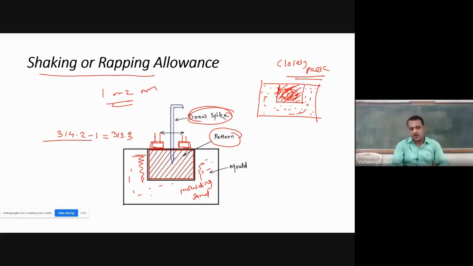It is a random allowance. We cannot give the exact dimensions, just like 1 or 2 mm, 3 mm draft allowances. So this is the shaking or wrapping allowance, and it is called a negative allowance. Why is it called negative allowance? Because it increases the size of the cavity. That's why we need to reduce the dimension of the pattern in order to overcome this shaking or wrapping allowance.